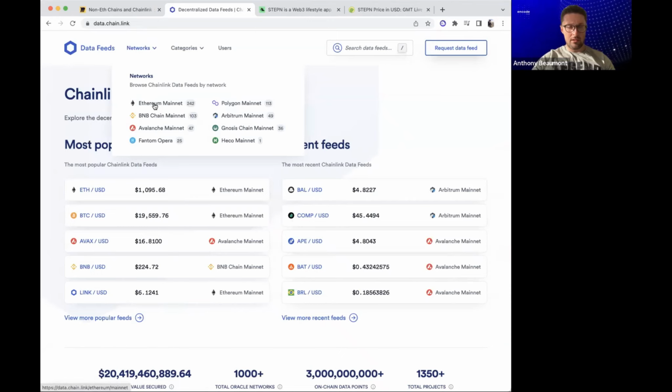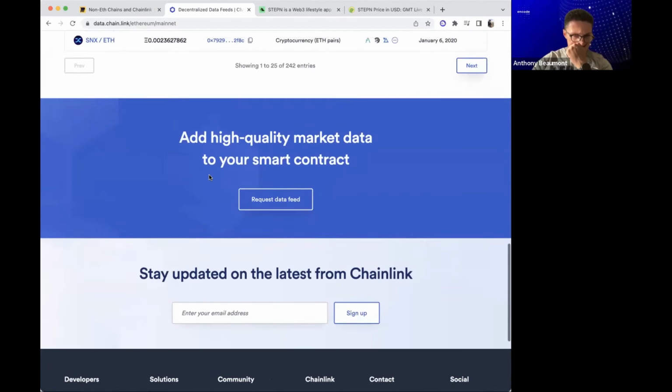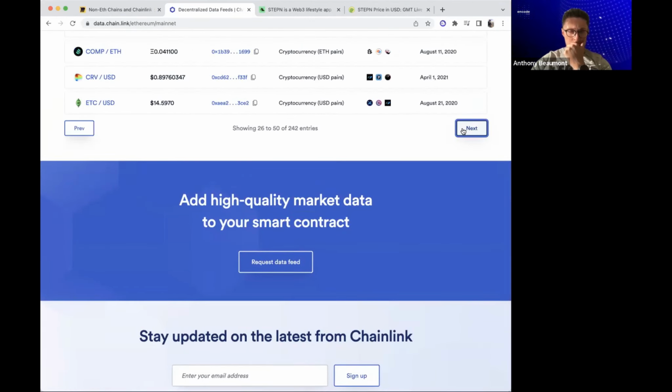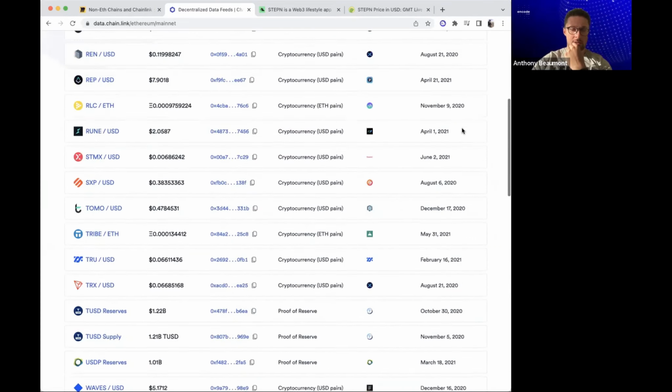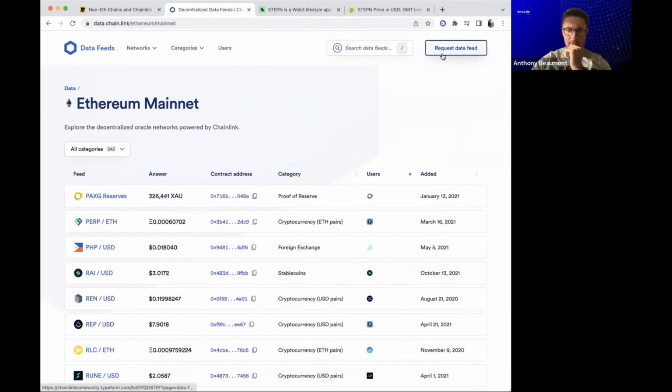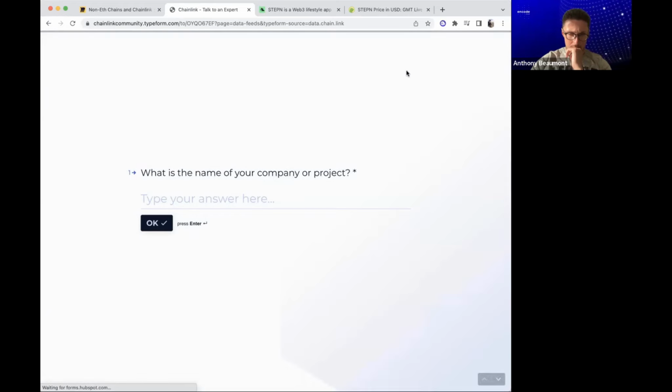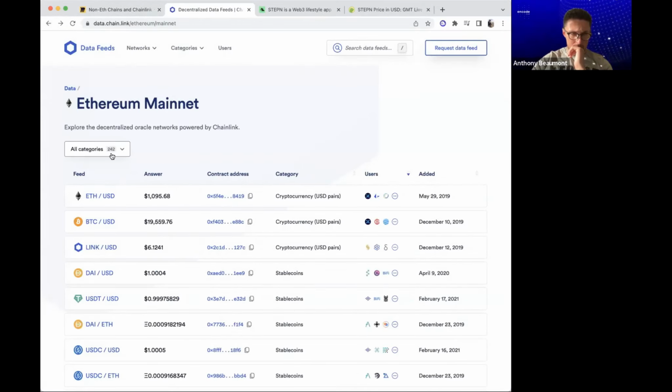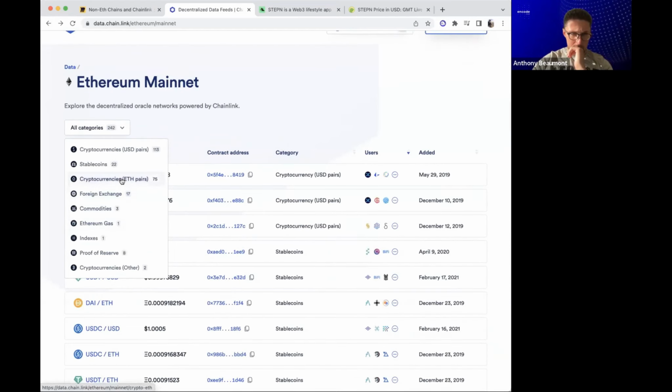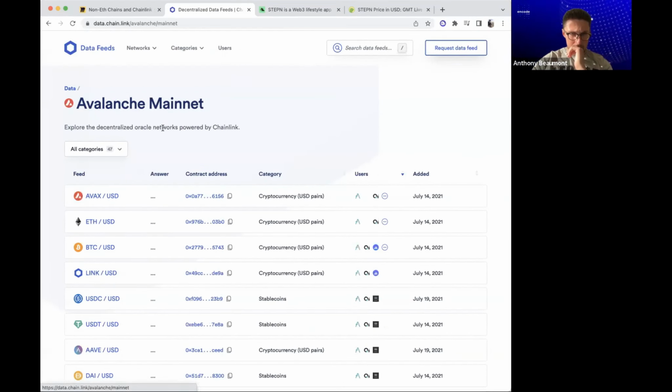So it's only this, but I know there are others. At the moment, it just looks like price, but they used to have some others. Oh, you can request a data feed. Bit boring, isn't it? See what's on other chains.